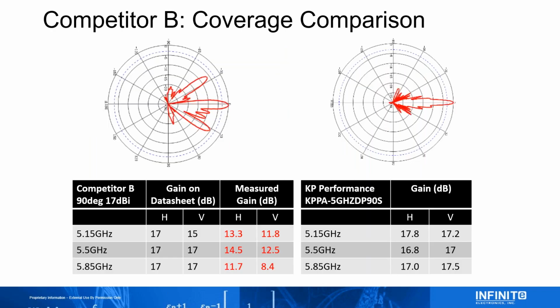A lot of this is, and this is going to be the end of my presentation, but we went and took a competitor's antenna and measured it in the lab, and we saw a very drastic decrease in the gain reported on the data sheet versus the actual gain. We can see here where most people are using the antenna at 5.8 to 5.85 gigahertz, that the gain is a 6 dB drop. I mean here it's like a 9 dB drop.